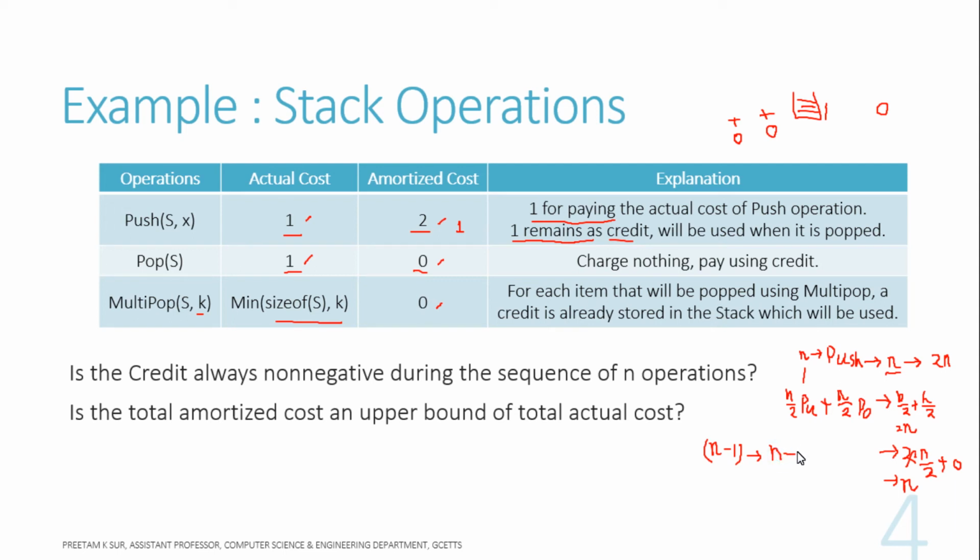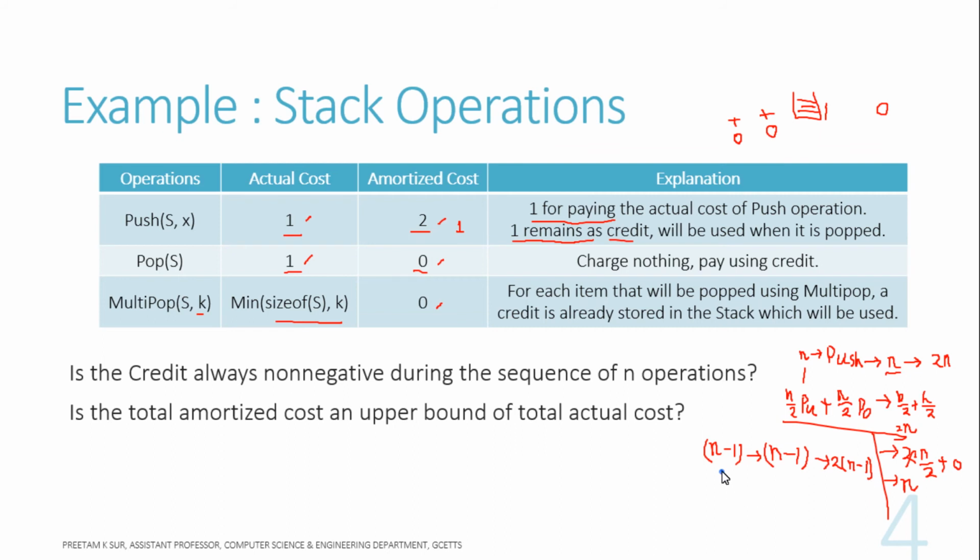And what will be the amortized cost for these n minus 1 push operations? It is going to be twice into n minus 1, because each push operation is taking 2 cost.